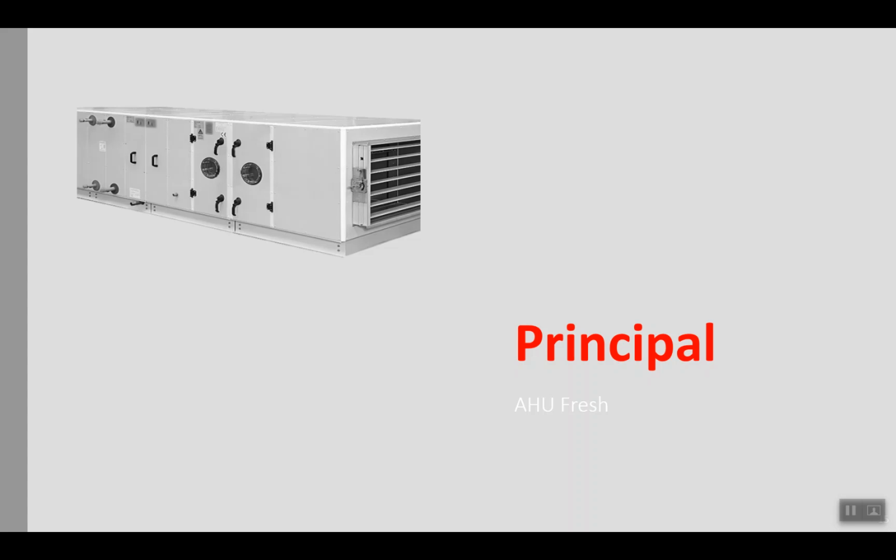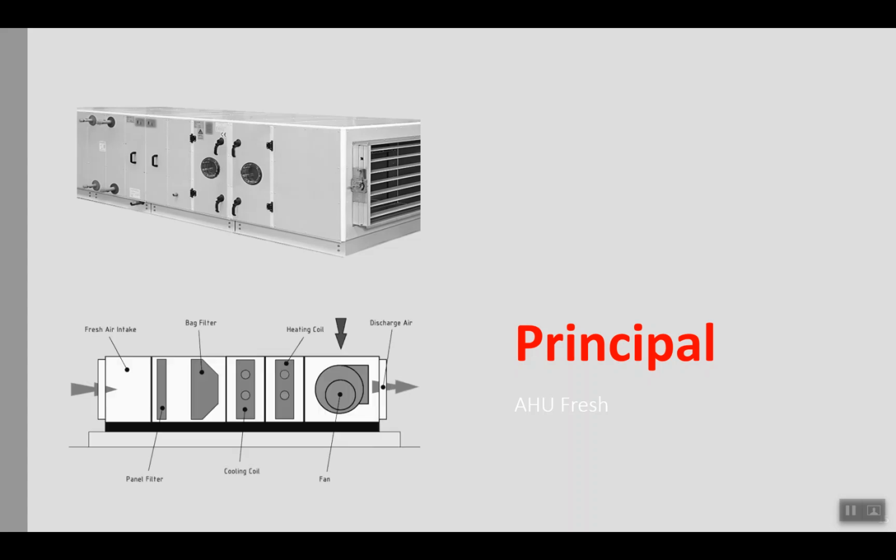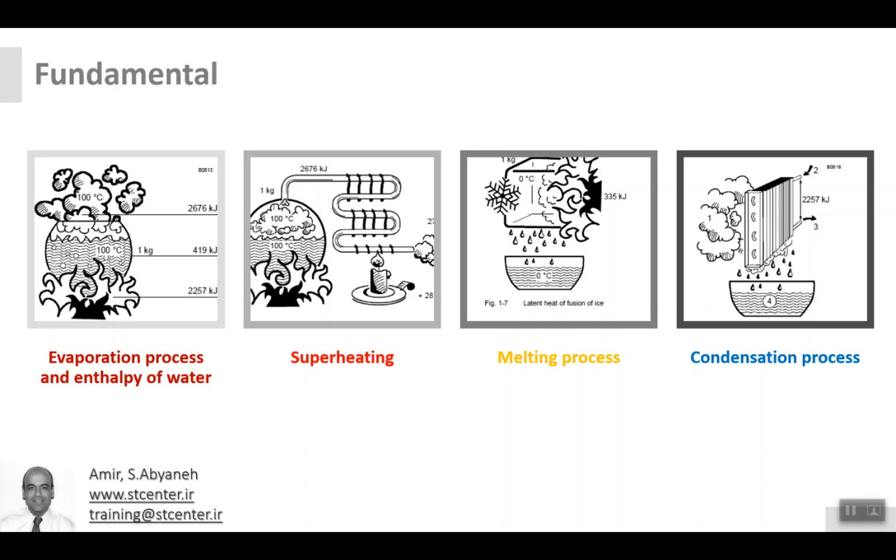Okay, let's talk about some principles of the air handling unit. You can see an air handling unit includes different parts like fresh air intake, filter, coils, fan, and output to the rooms.